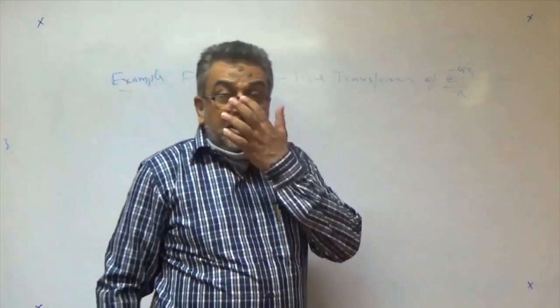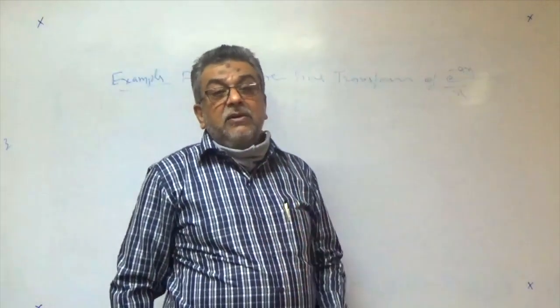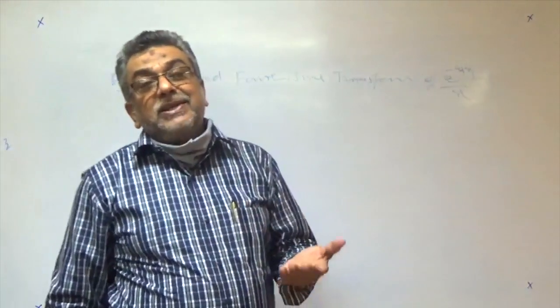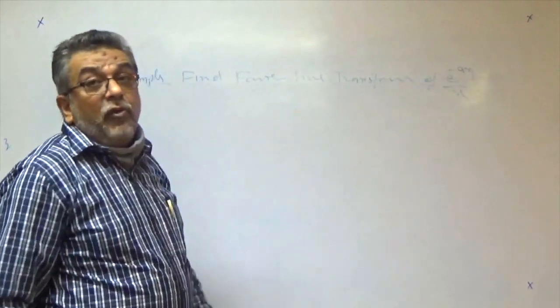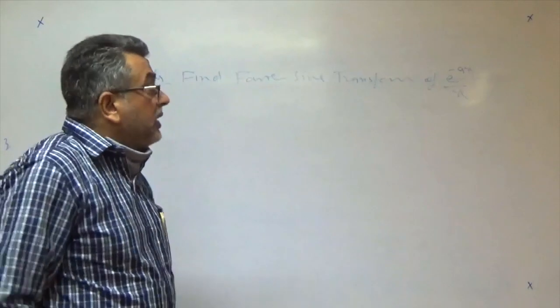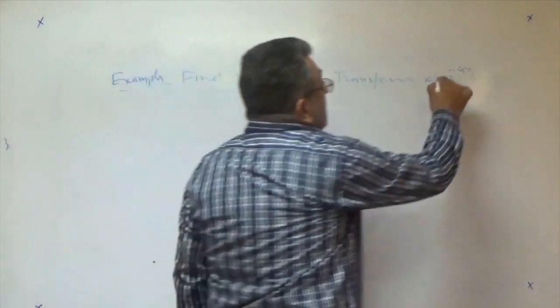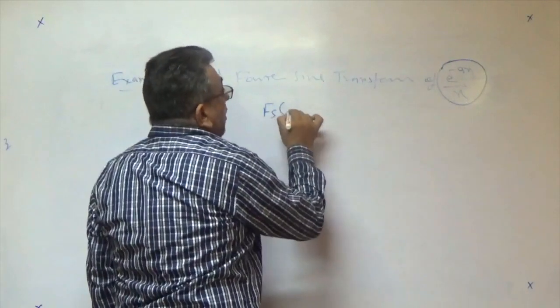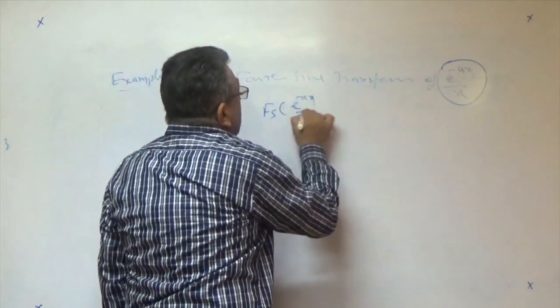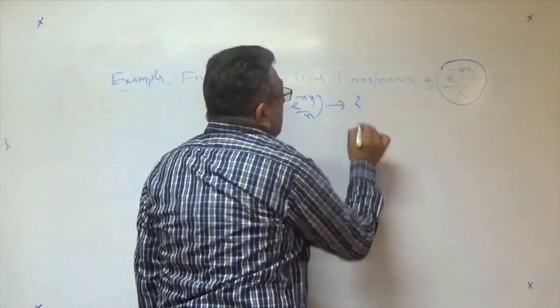In the previous example I took a question based on the Fourier transform. Here your numerical sum is the Fourier sine transform, meaning we have to calculate the Fourier sine transform of e to the power minus ax upon x.